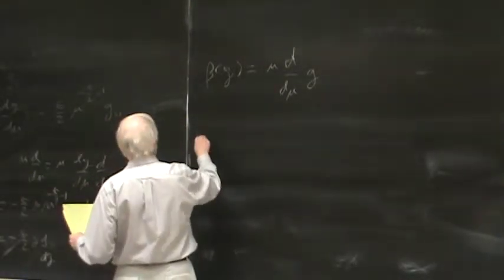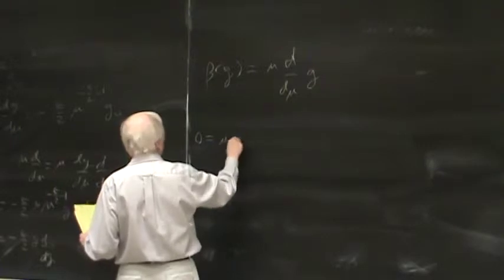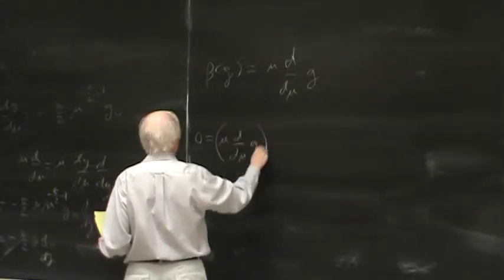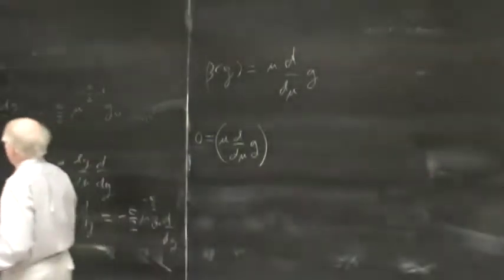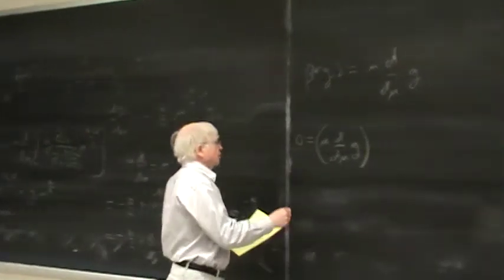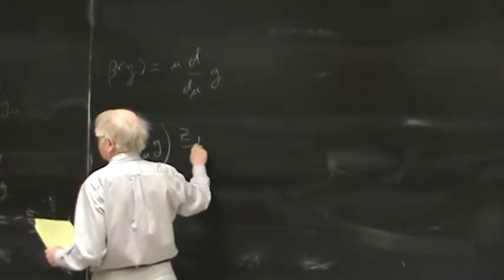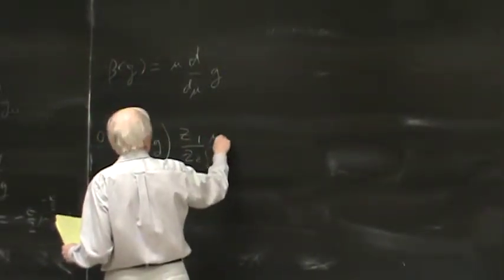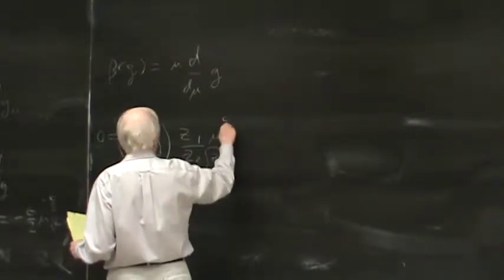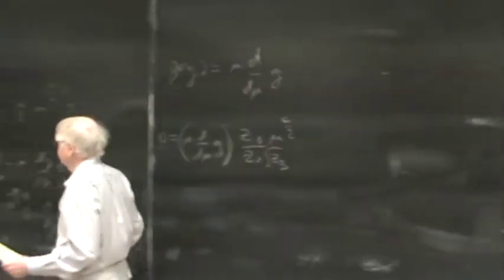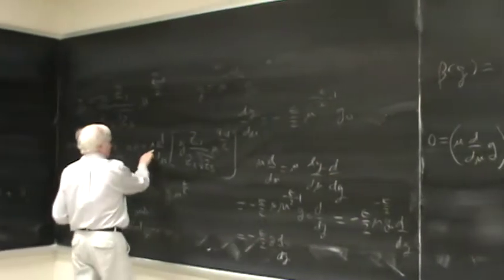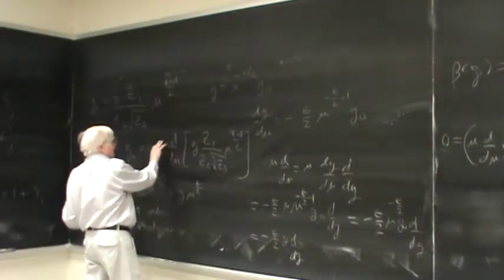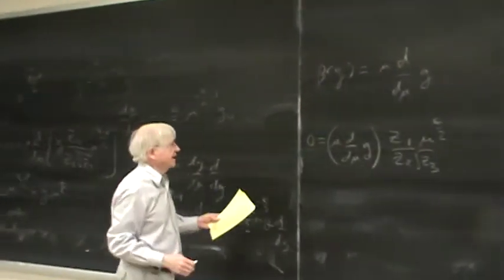That equation would be 0 equals mu d/d mu of G times all this stuff, which is Z1 over Z2 square root Z3 mu to the epsilon over 2. So I'm letting that equal G. We've got all this stuff, and then we have G mu d/d mu on the rest of the thing.